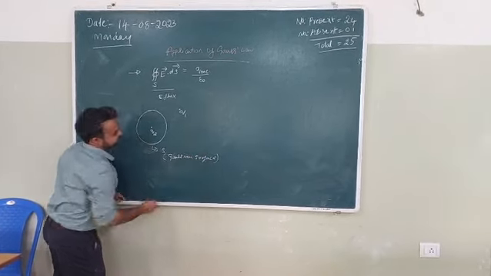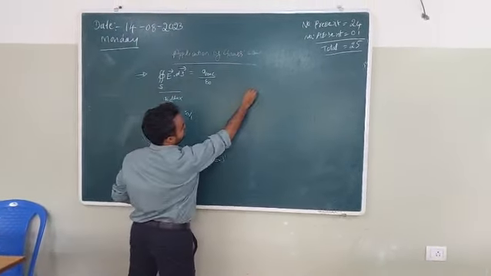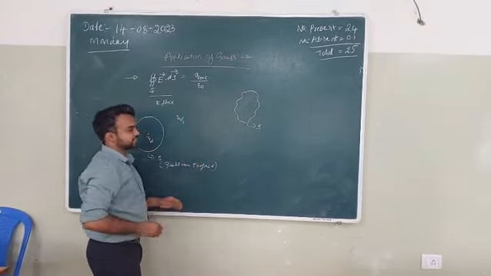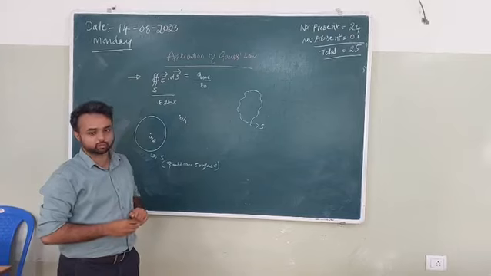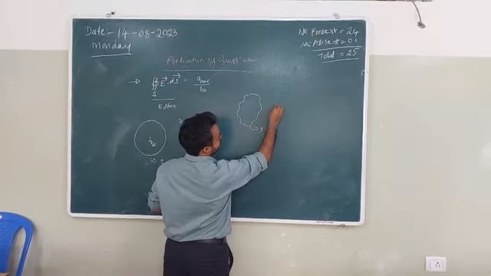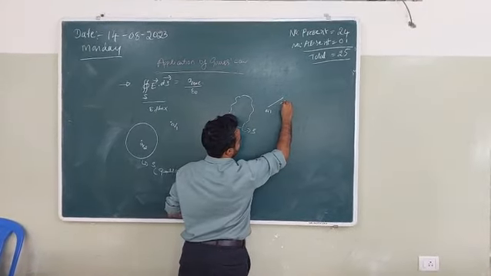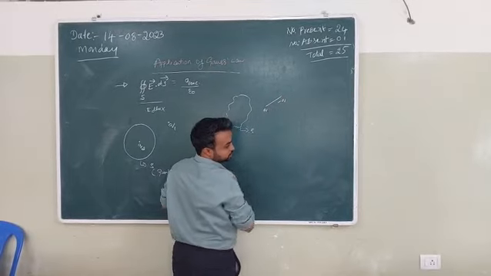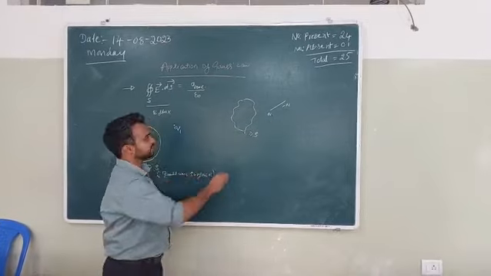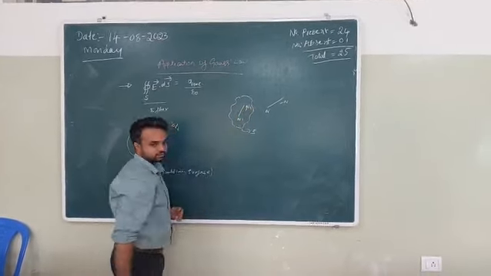Based on this, in the JEE exam you can get a question. For example, there is a closed surface, I call this S again, and inside that closed surface there is a dipole, and outside that closed surface there is another dipole. What is a dipole? A dipole consists of two similar charges but with opposite nature, Q and minus Q, separated by some distance. So there is a dipole outside that surface, and another dipole inside the surface, Q1 and minus Q1.